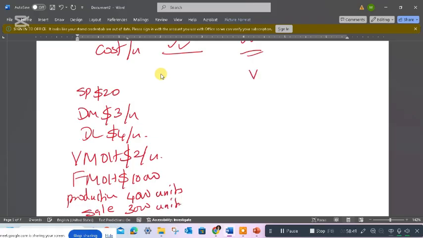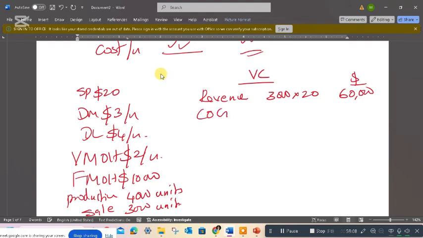If you are preparing a variable costing profit statement, revenue: 4,000 units produced, 3,000 units you have sold, into $20, $60,000 will be your revenue. Cost of goods sold, you will include material, labor, variable manufacturing overhead.